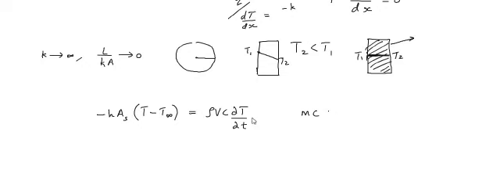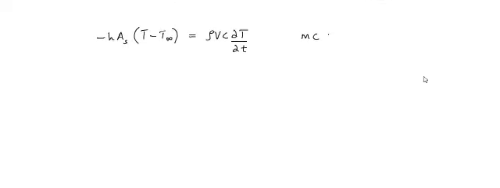This is the main condition for unsteady state heat transfer when we assume the lumped capacitance method. So minus hA times T minus T infinity will be equal to rho Vc times dT over dt. Now let us define a variable theta, a temperature, as T minus T infinity.